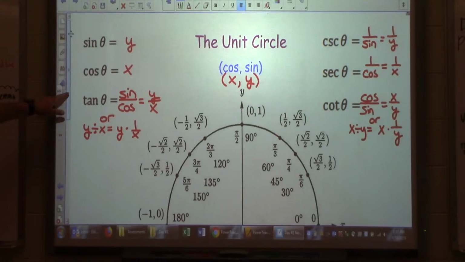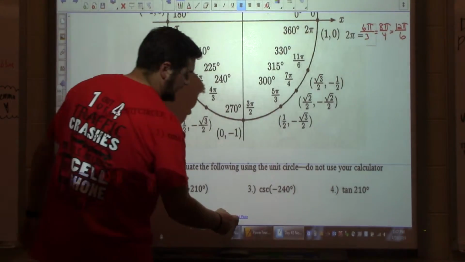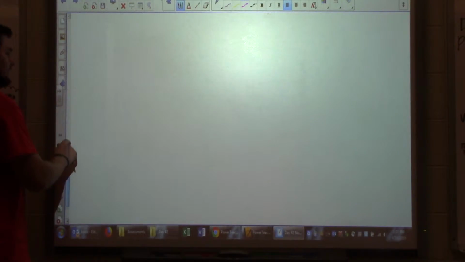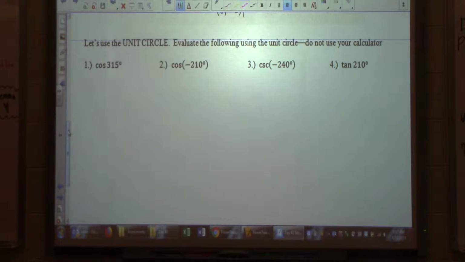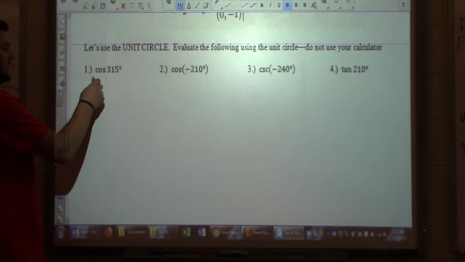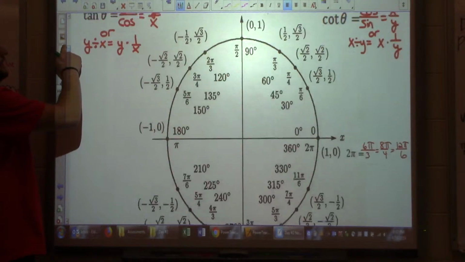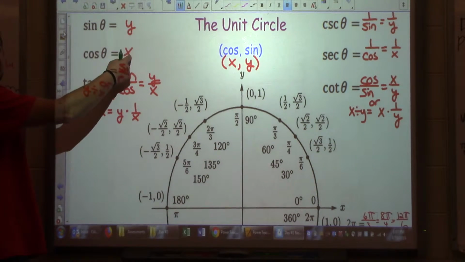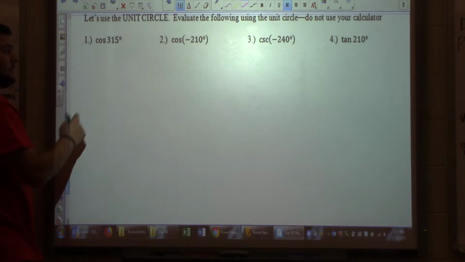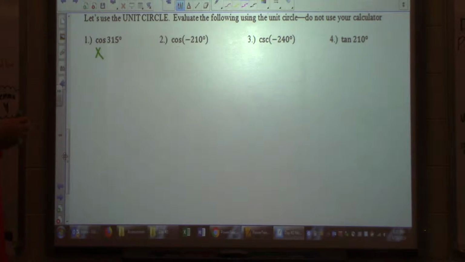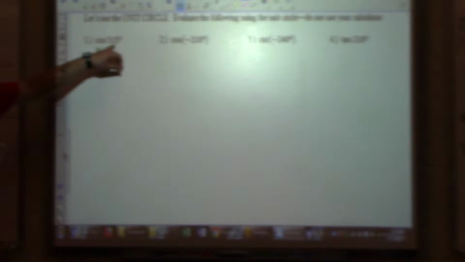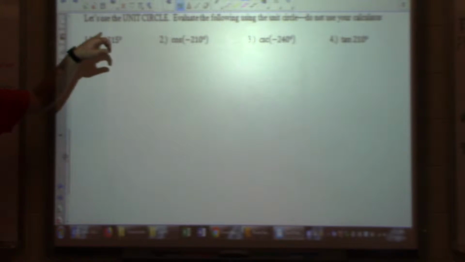Okay. Good? Alright. So if I look at the first one here, it says we want to know the value of cosine of 315 degrees. First thing I'm going to do is I'm going to know cosine. I am looking for a value of x. So now I would write that down so I know I'm looking for x. Okay? Now, where I'm going to look for x is going to tell me by the degrees or by the radians we use.